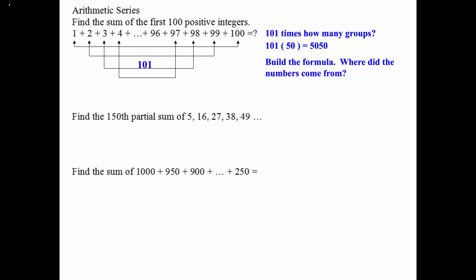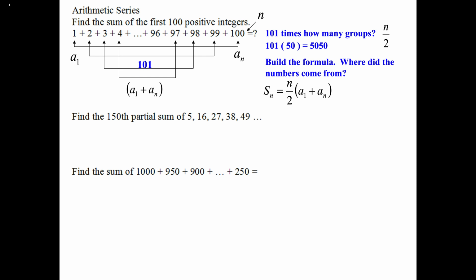Now, if we try to turn this into a formula, where did the numbers come from? Well, the first term was a sub 1. The last term is a sub n. So we have to have an a sub 1 plus an a sub n. Then we got to figure out, well, where did the groups come from? Well, there was n number of terms, and we put them in groups of 2. So n divided by 2, that was our 50.